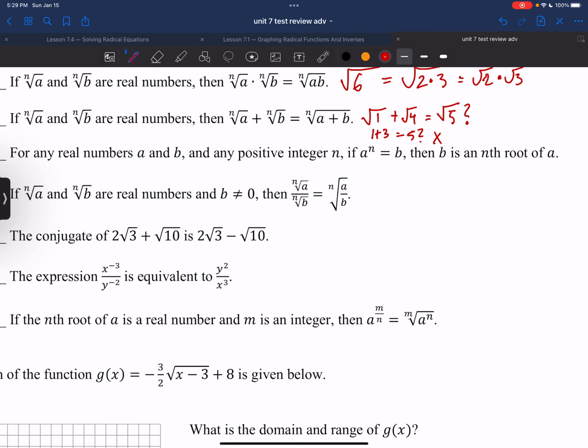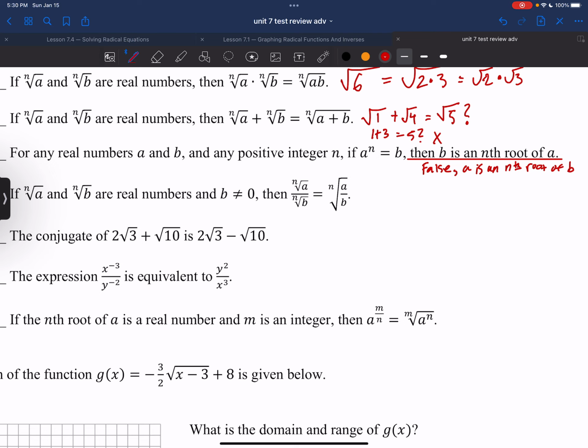And you want to be careful with this because a lot of the language here is good, but it's really this last then statement: then b is an nth root of a. No, false. This should say a is an nth root of b.